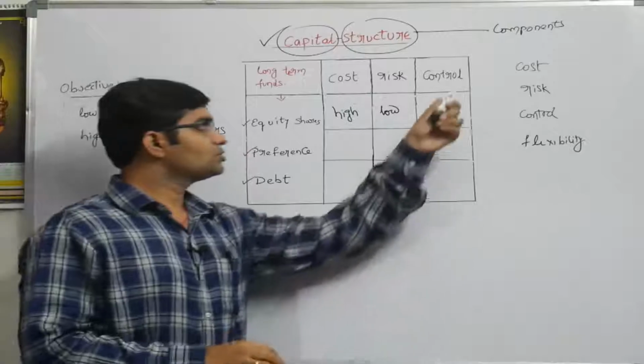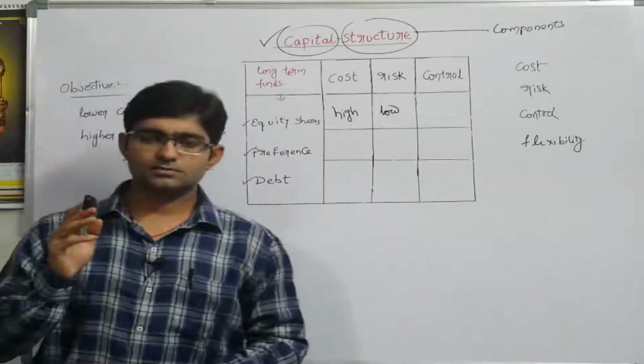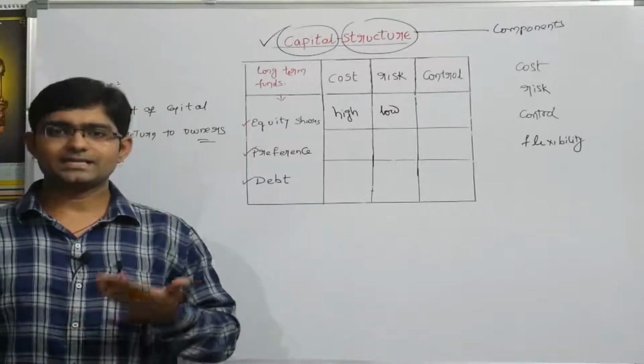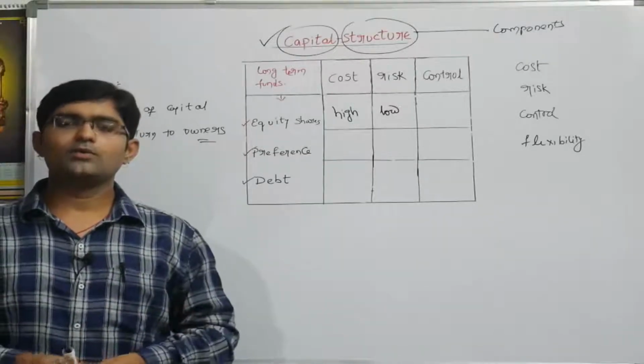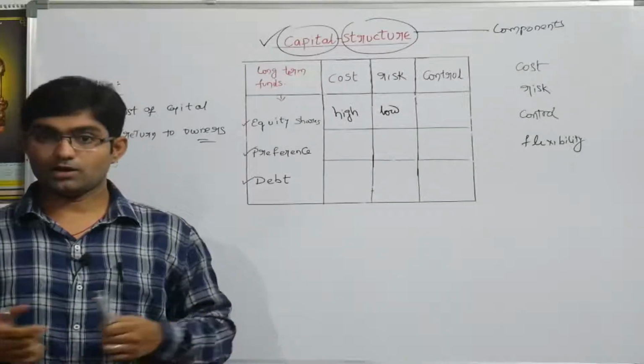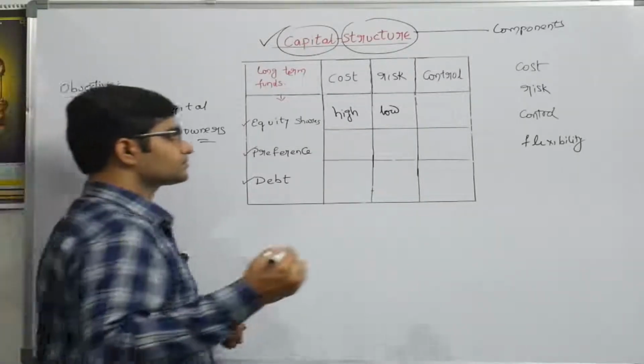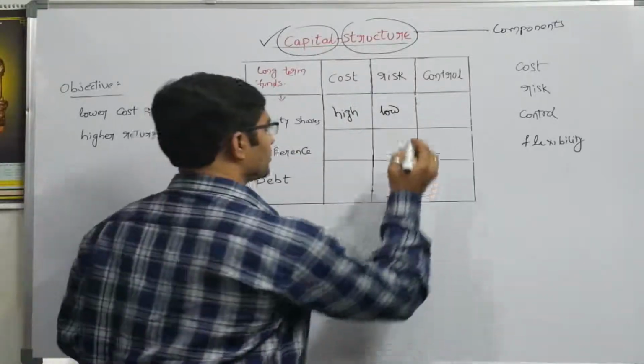Now what about control? Further issuance of equity to raise capital will lead to dilution of control, because equity shares have voting rights. It leads to dilution of control.